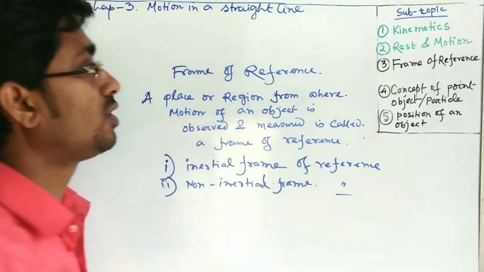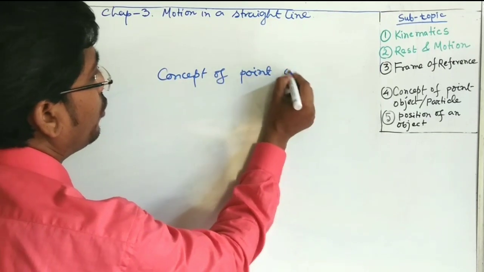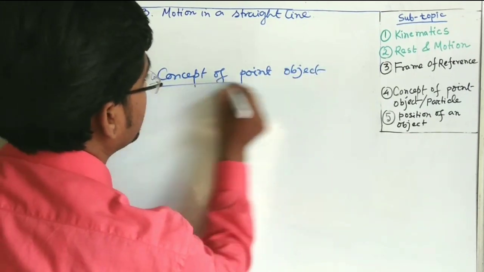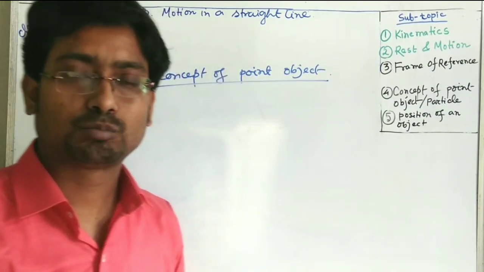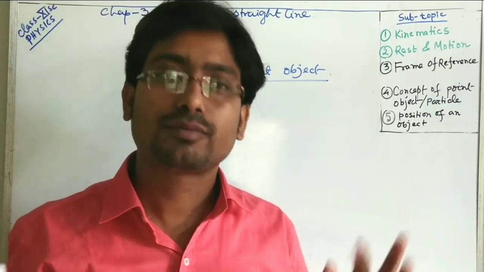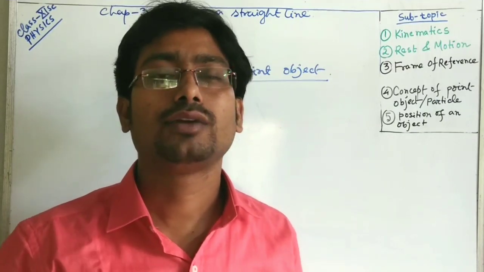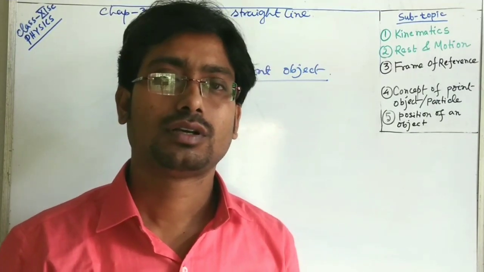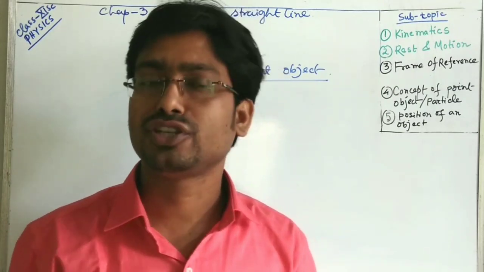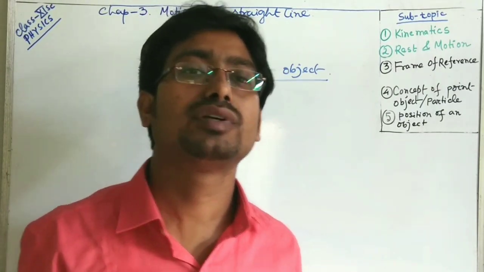Now we'll go to the concept of point object. Actually, in our physics, we consider all bodies as a point. Then our calculations will be easier and we can easily deal with them. But in real life, we have seen a train with 15 compartments, a train with 10 compartments.